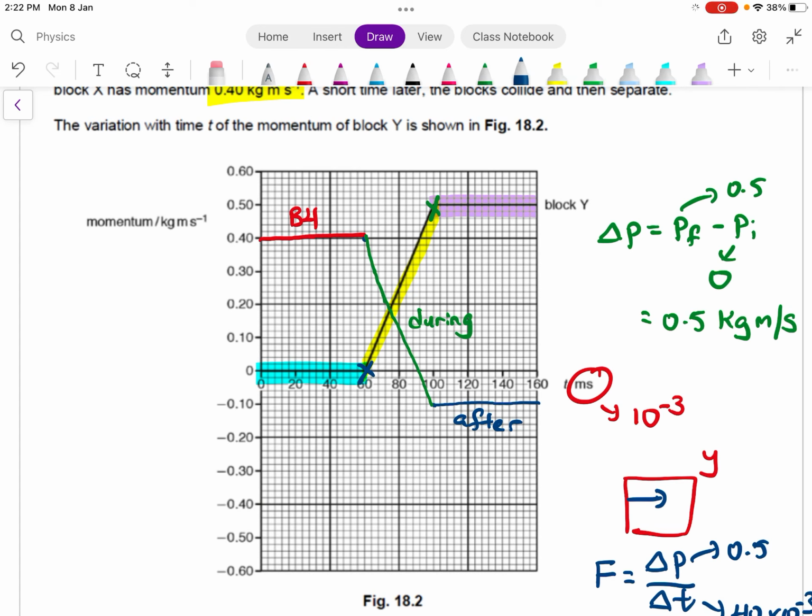Maybe just a side note, if you look at the yellow shaded line, and let me just shade one line with a green highlighter.